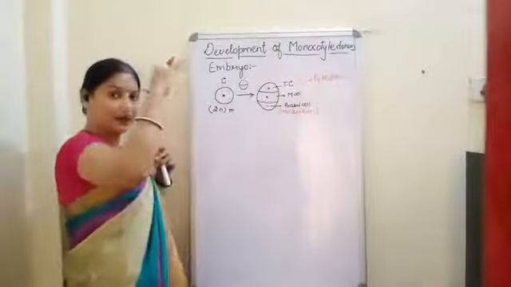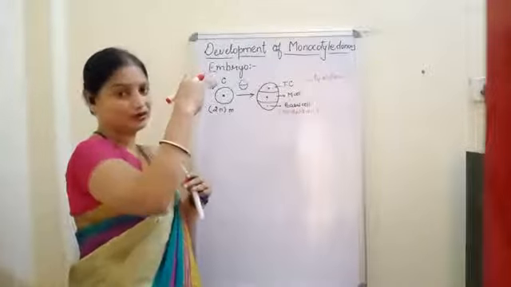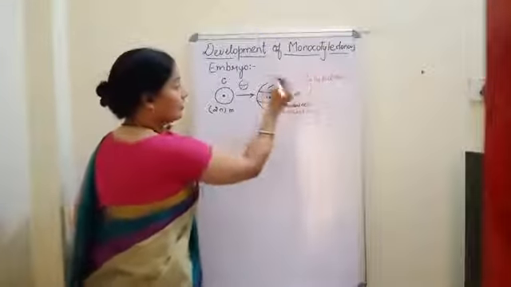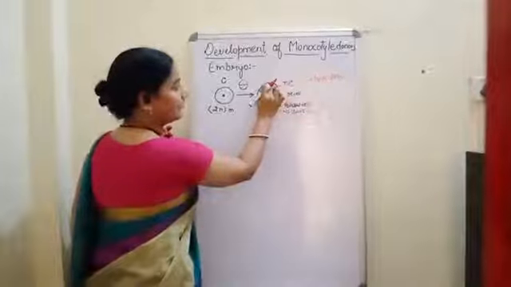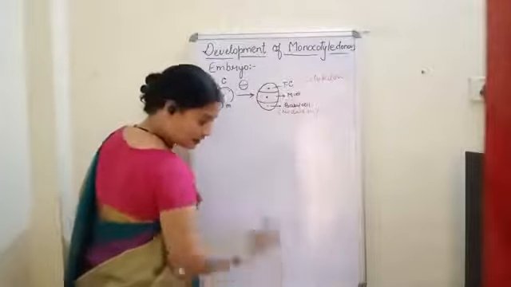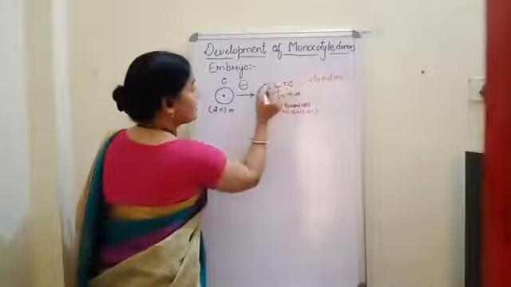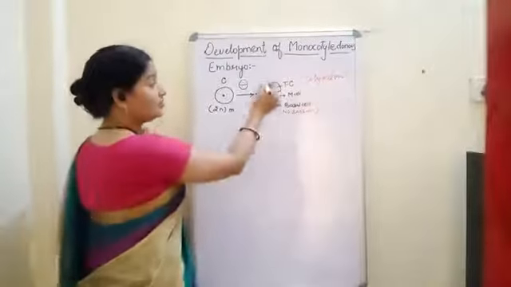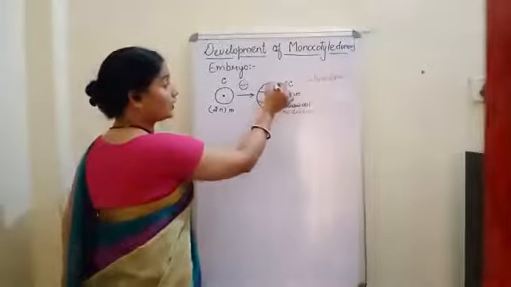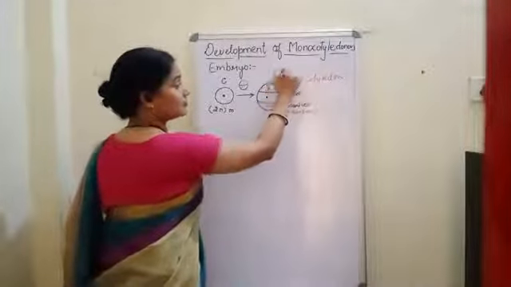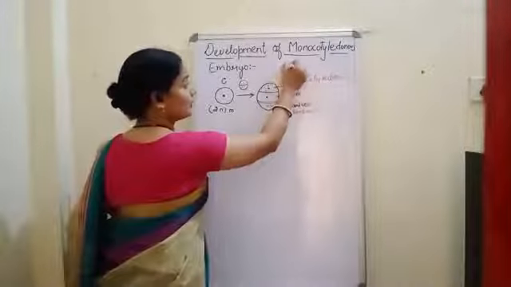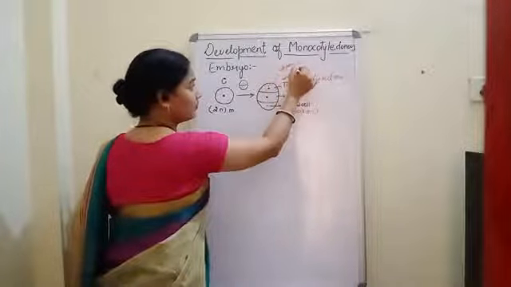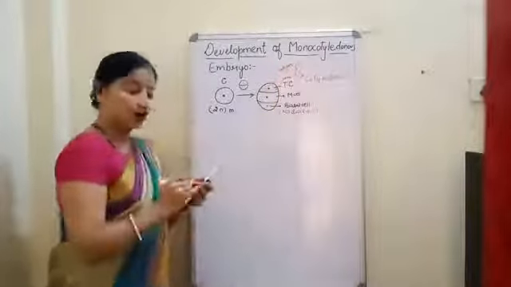If it is upper terminal, it is called L dash. If it is lower terminal, it is called L. Now this will give rise to the upper cotyledon and this will give rise to the lower cotyledon. Upper and lower, both will give rise to the cotyledon.